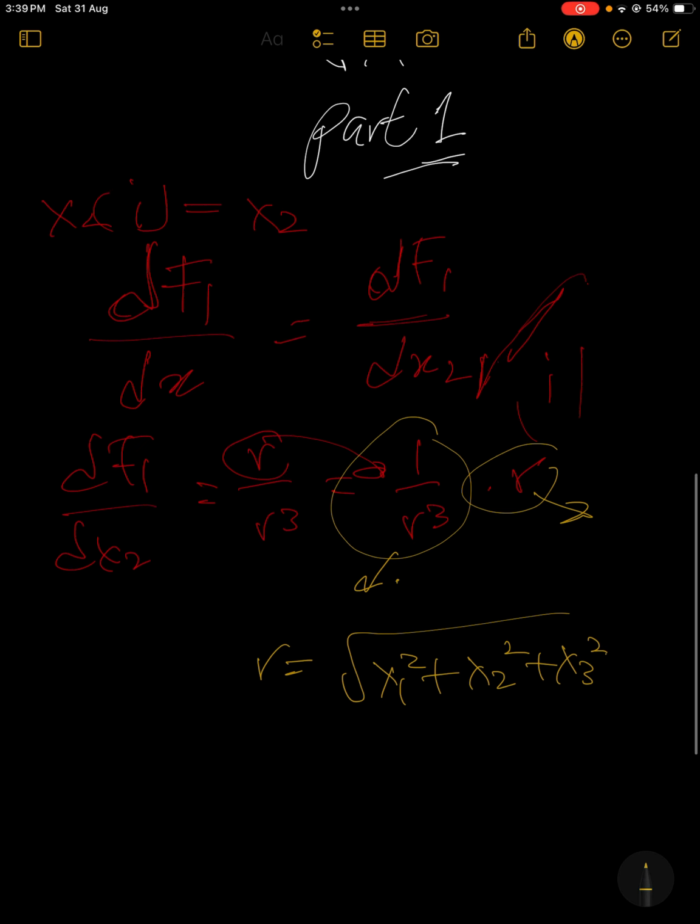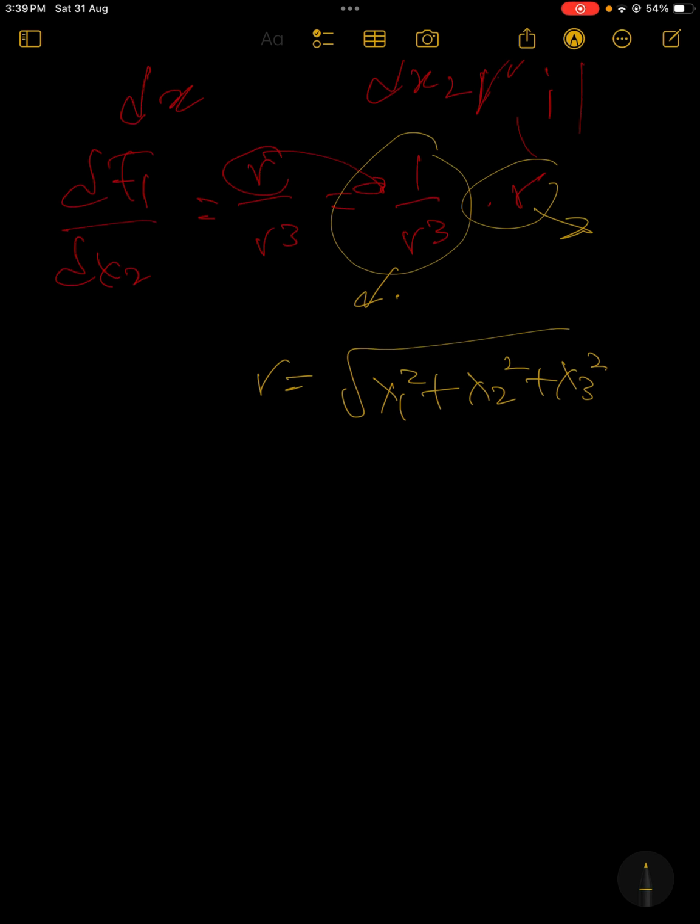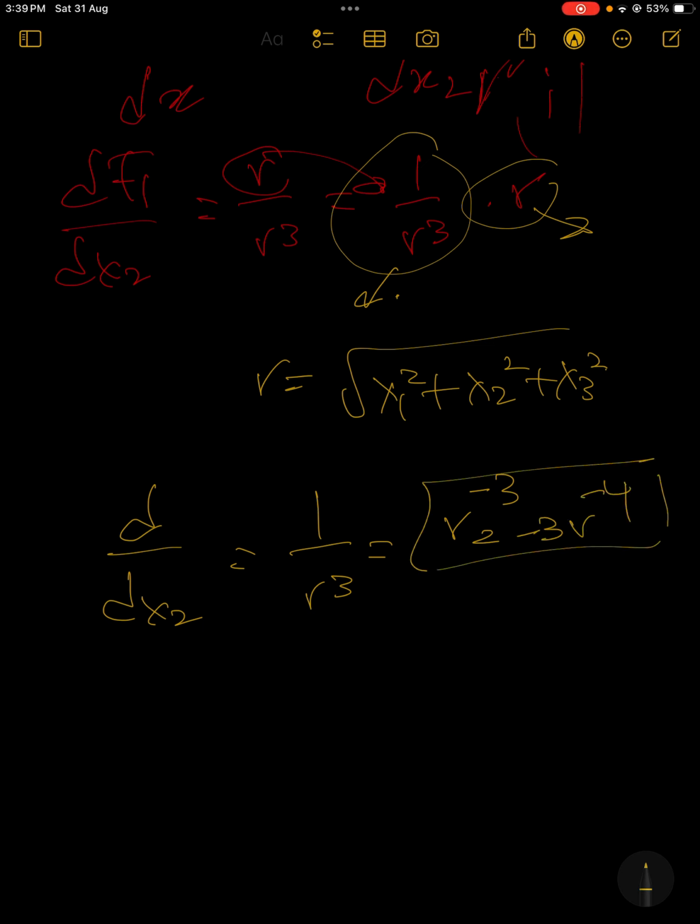Okay, and df1 will be d divided by dx2 of 1 over r cubed. When we differentiate, it's going to be r to the minus 3, so negative 3 r to the negative 4. So that's the derivative of the 1 over r cubed.